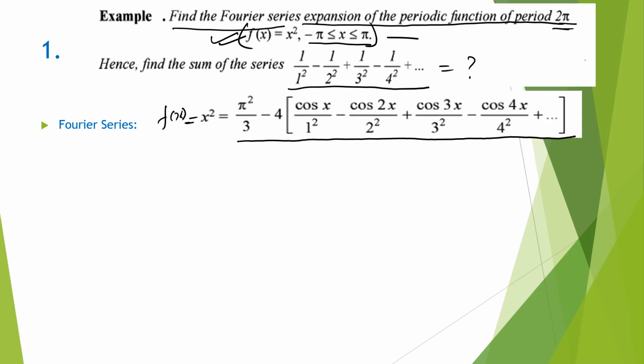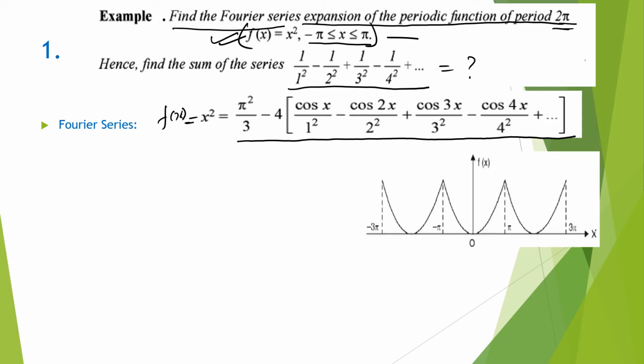First we have to compare the series which we receive after solving the problem and the series which we have to evaluate. Over here we find that there are a few common terms which we have in our Fourier series.